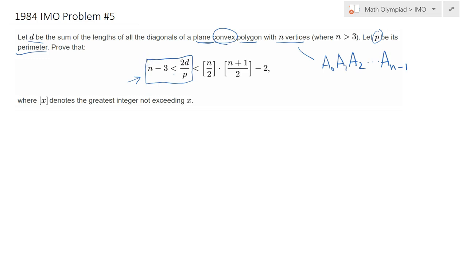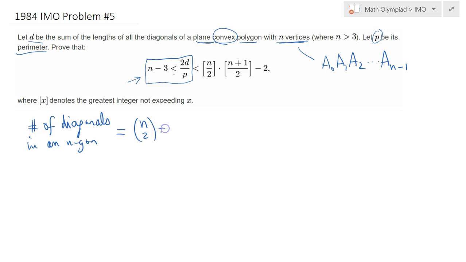Before we do that, let's first count the number of diagonals in an n-gon. Well, obviously this is quite simple. You have n vertices and you want to choose two of them, and you connect them, you get a line segment which can either be a diagonal or a side length.